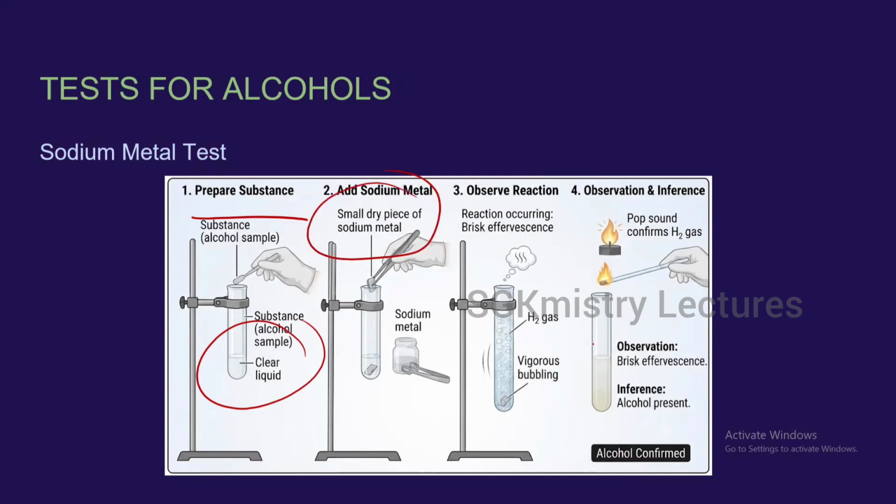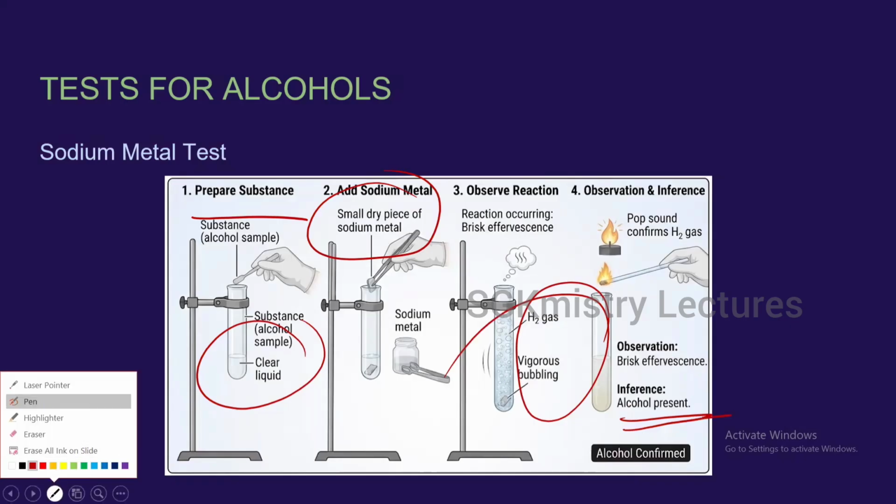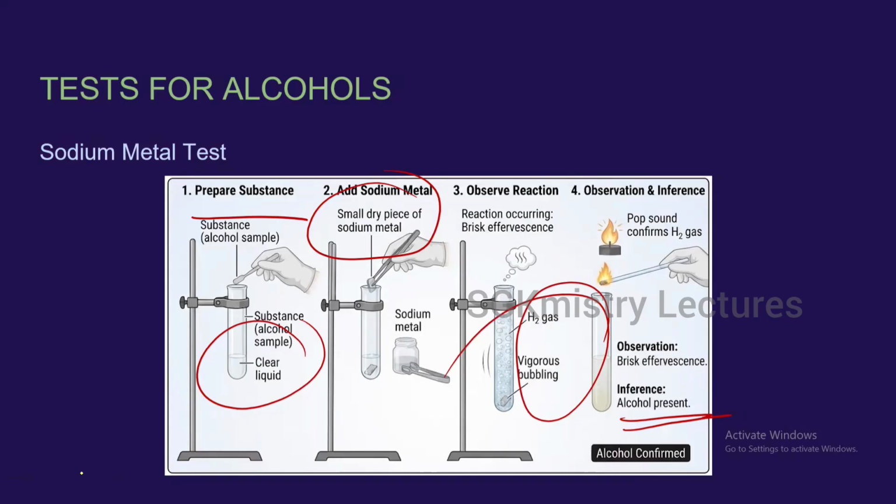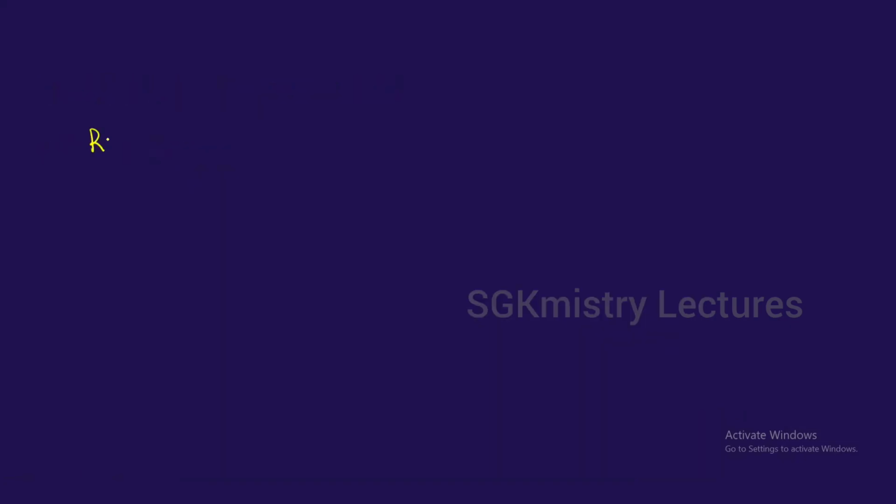You can see that a brisk effervescence is obtained. The bubbling takes place because hydrogen gas is liberated. Once you see the bubbles, we can say that the alcohol may be the compound that is given to you. Let us look into the reaction for the same. We have RCH2OH.